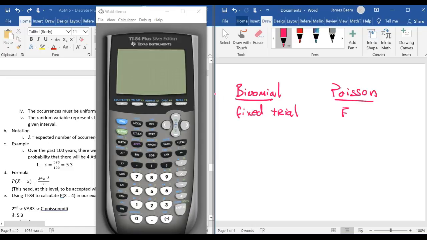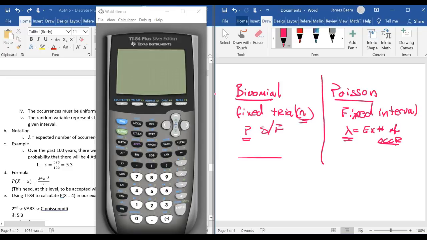Poisson, you have a fixed interval. Here you have a probability of success and failure. Here you have an expected number of occurrences. Usually here you only have one knob, here you have two knobs, n and p.